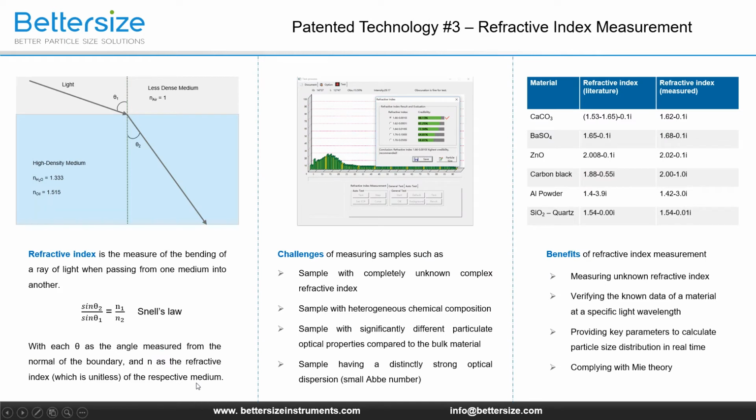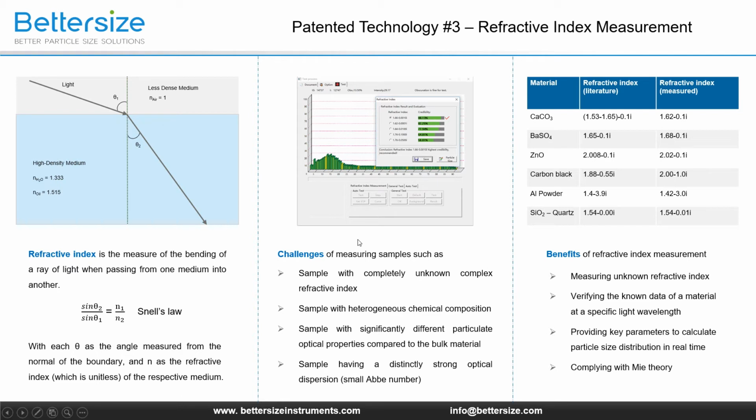The last patented technology I would like to talk about is refractive index measurement technology. Refractive index is the measure of the bending of a ray of light when passing from one medium into another. It is essentially a material constant. For the mathematical fit for particle size analysis, according to Mie theory, the refractive index of the sample must be considered.